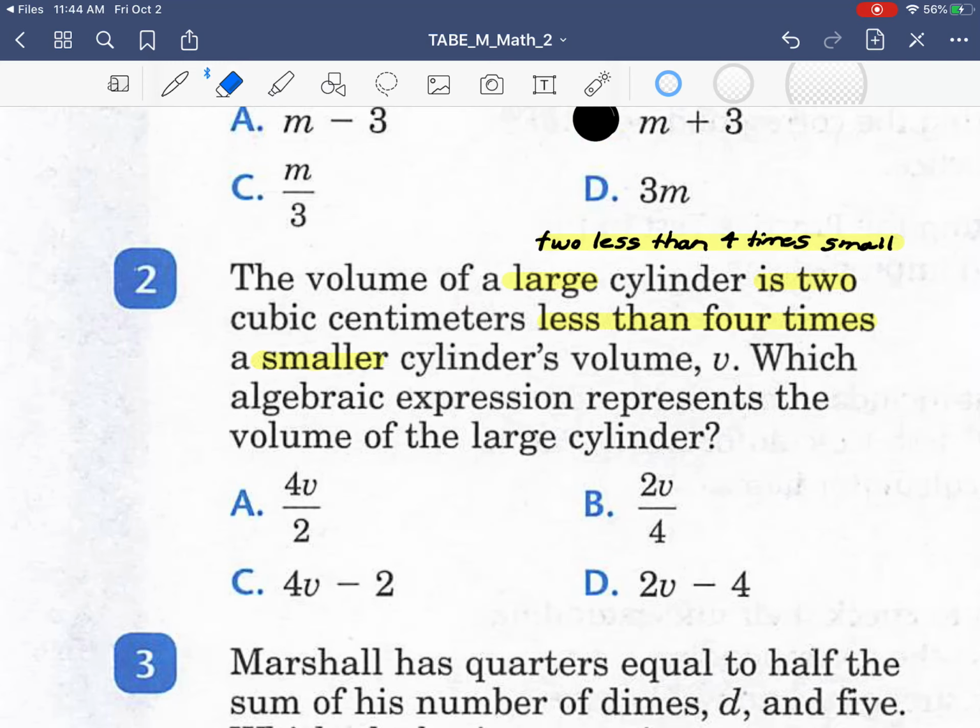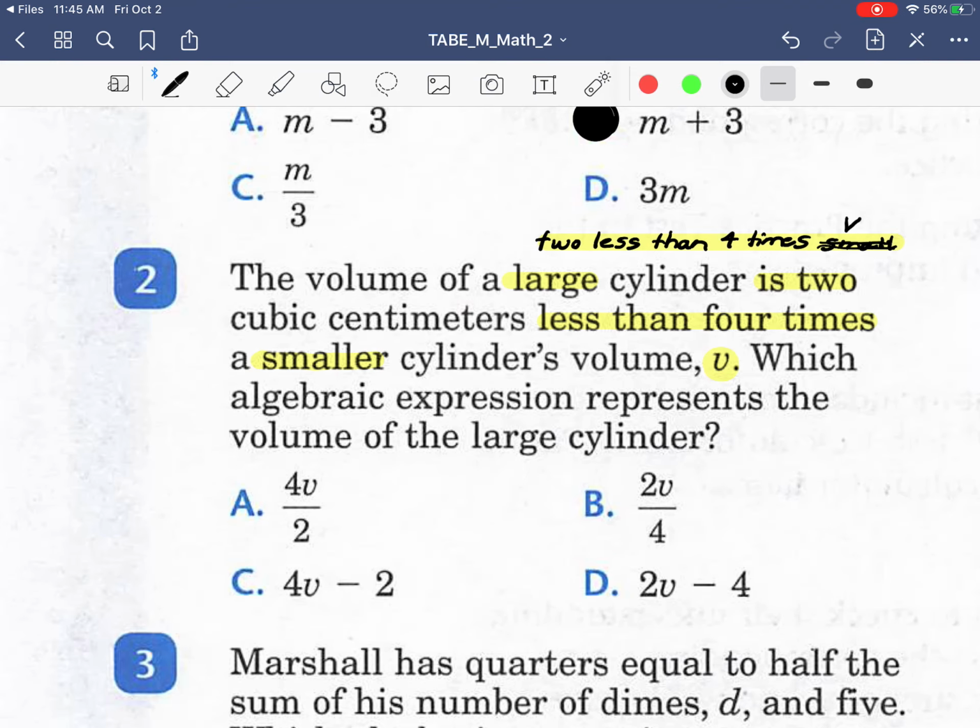So here's the expression that I'm trying to write. 2 less than 4 times the small. And they tell me that the smaller cylinder is to be the V. So instead of the word small, I'm going to put in the letter V. So we have 2 less than 4 times V. 4 times V, that's going to be 4V.